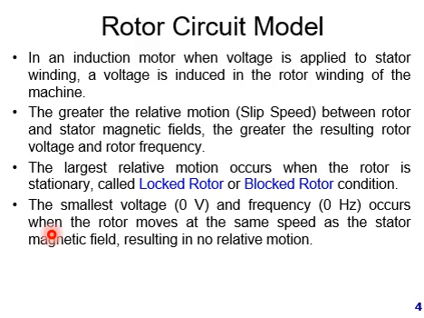The smallest voltage and frequency occur when the rotor moves at the same speed as the stator magnetic field. So both the speeds are synchronous, resulting in no relative motion.